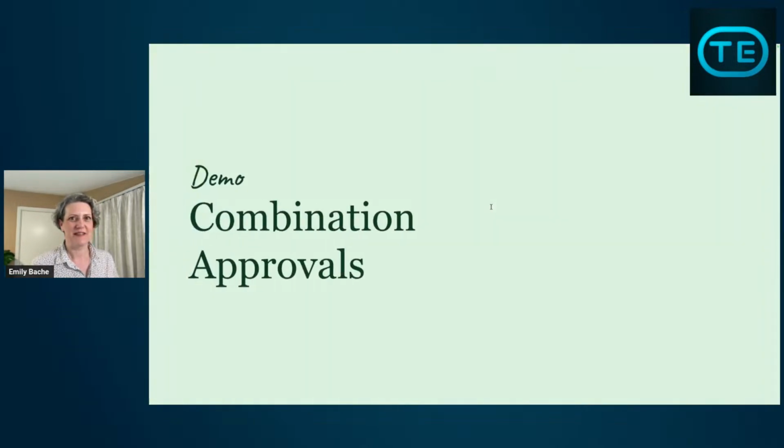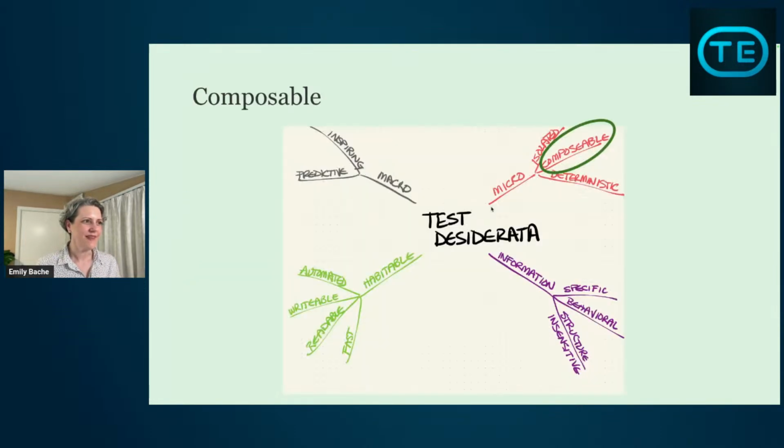Okay, so that was the demo of some combinations. So let's go back to the test desiderata, which I talked about earlier. I want to highlight composability. This is one of those desirable characteristics that Kent Beck talks about. And what this means basically is that if your tests are composable, then you don't need to test the combinatorial explosion of all the combinations.